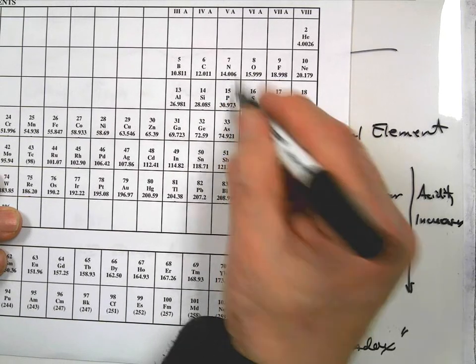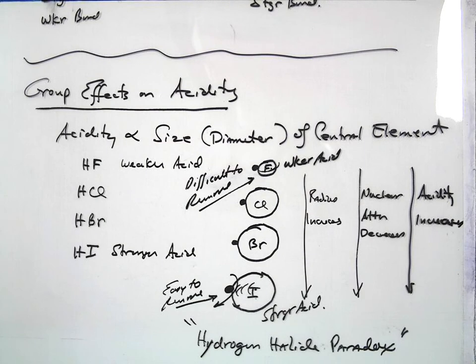It would break off easier because the central elements are bigger. But those are usually so weak anyway that they're really not even taken into account. The only ones that are really taken into account for practical reasons are the hydrogen halides. And the paradox is that it goes against the electronegativity concept. That's where the rub lies, so to speak.